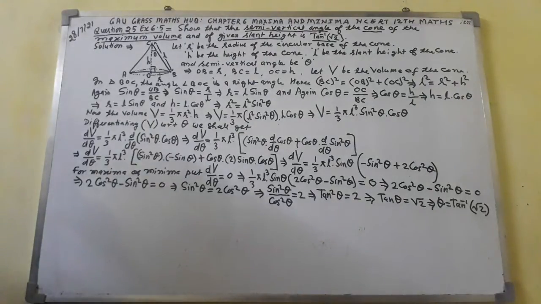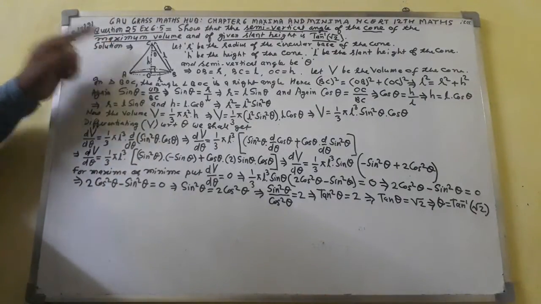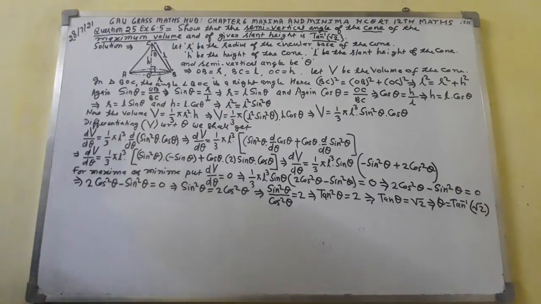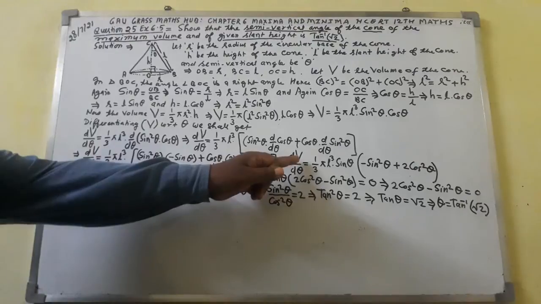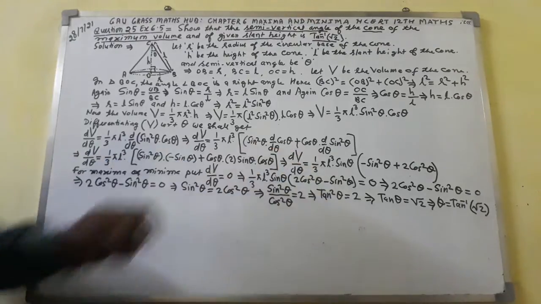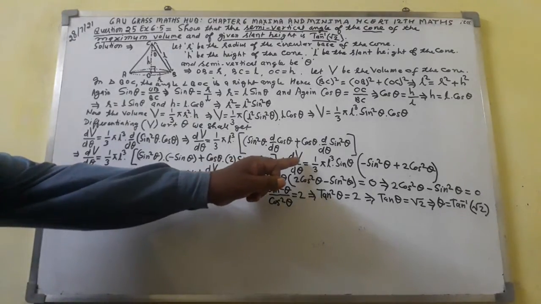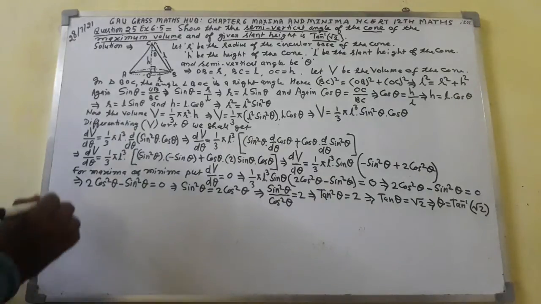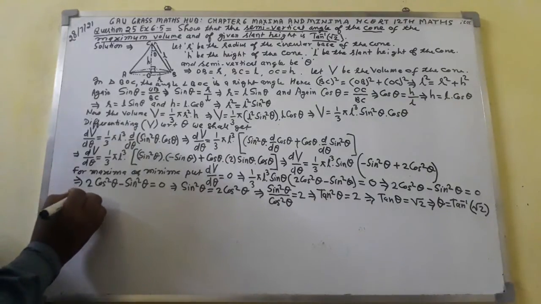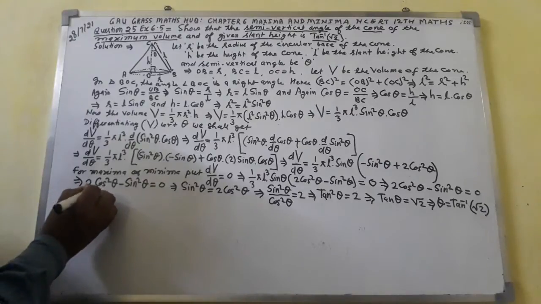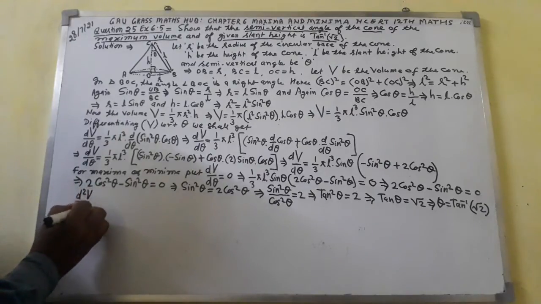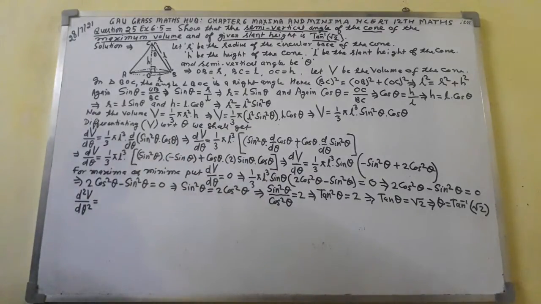Now we have to show that maximum volume is available. So what we will do here? Here you have got first order derivative of volume V. Now we shall find out second order derivative of volume V. So here again I shall write d square V over d theta square is equal to, here what to do next?